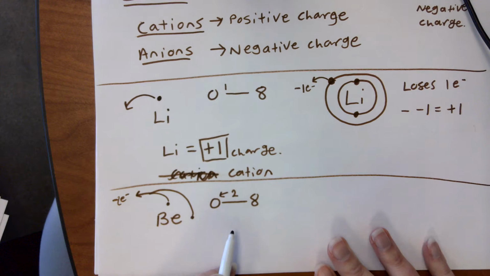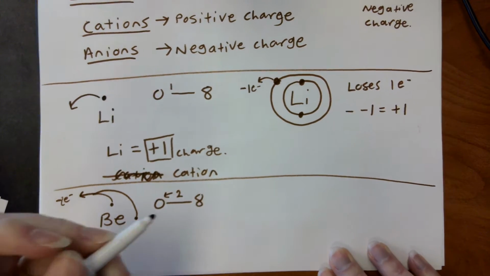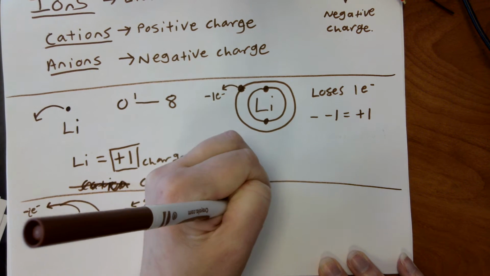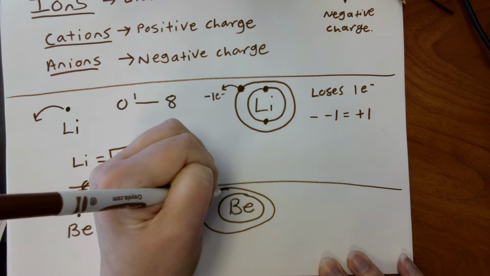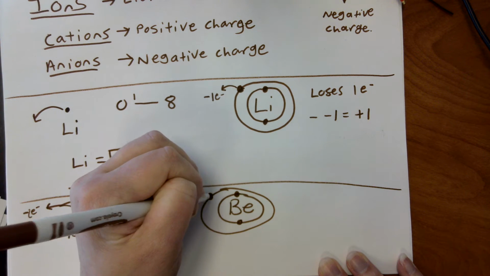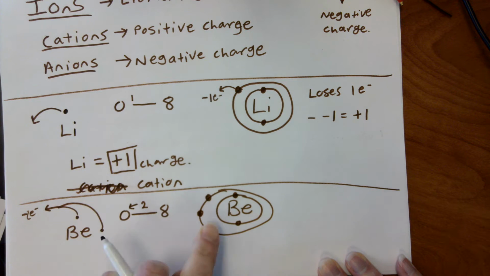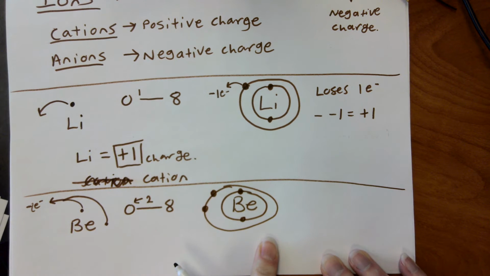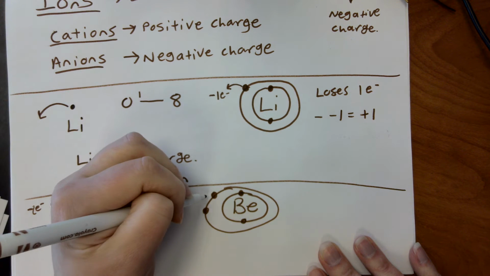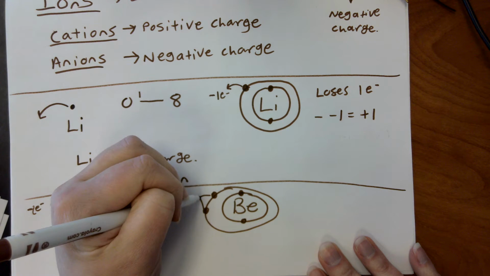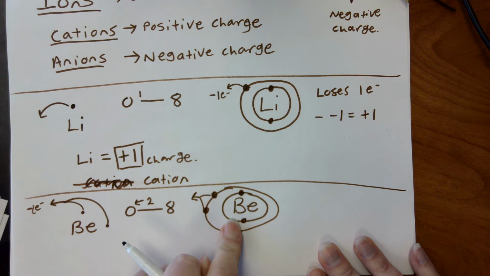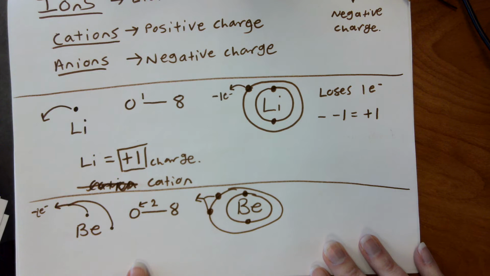Okay, in order for it to be happy, because if we do the Bohr model of beryllium, it has a total of 4 electrons. The first shell has to be full, and then we have 2 out of the 8 that can go in its valence shell. It wants to ditch these 2 because it's closer to 0 than it is to 8, so it loses those 2 to have this inner shell be the only full one. Okay?